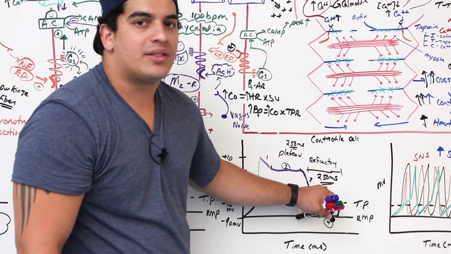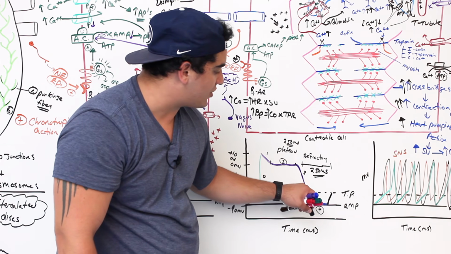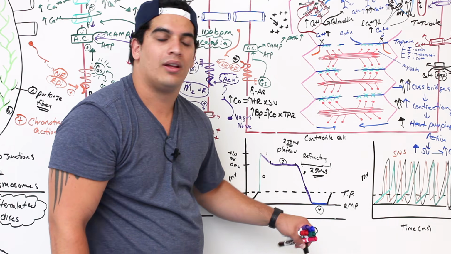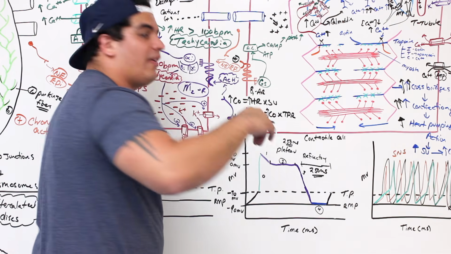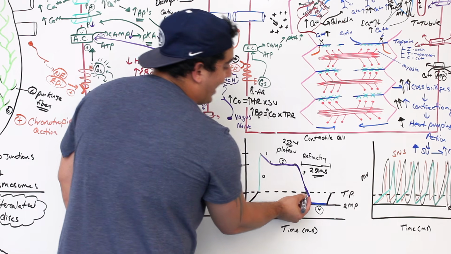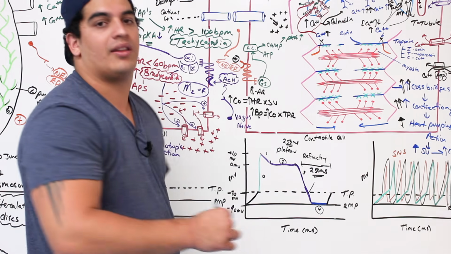In certain weird situations, as this is going down in phase 3, getting ready to go into phase 4, if you stimulate the heart enough with very frequent, very powerful stimulus, you can take it out of refraction and trigger another action potential. That's called the relative refractory period.